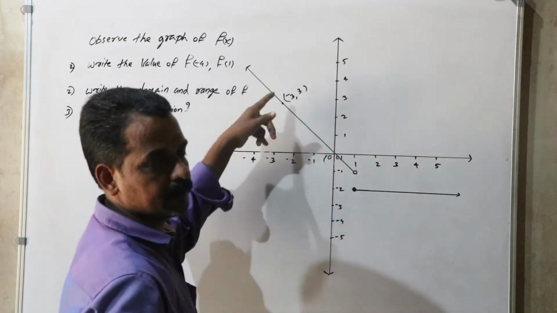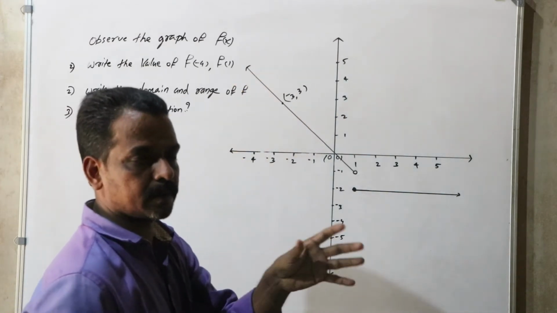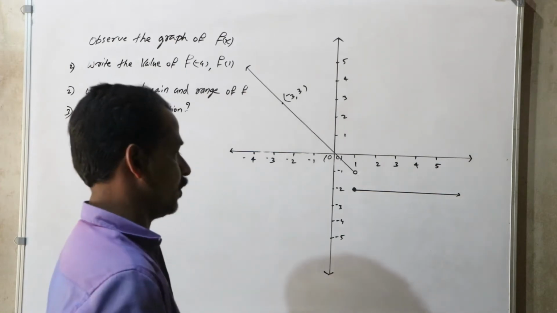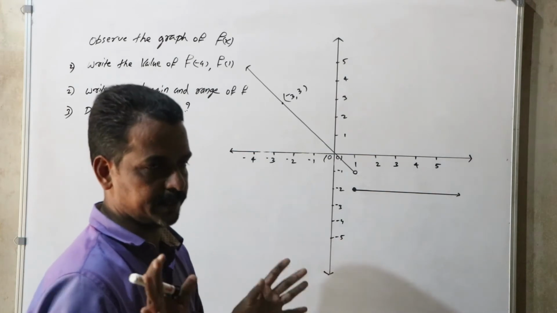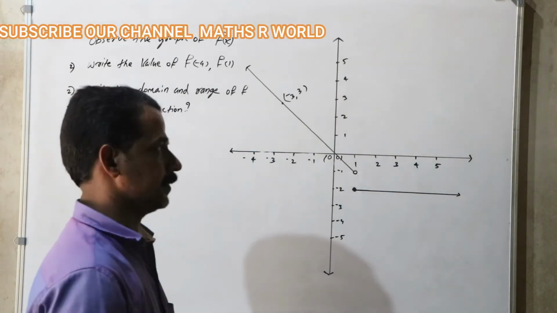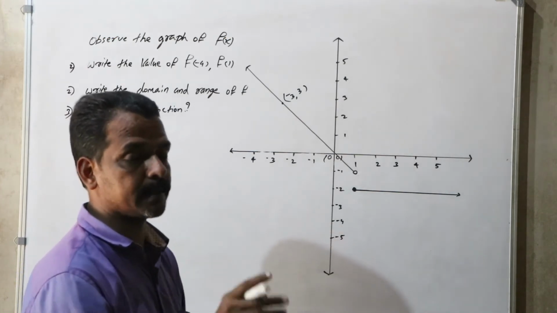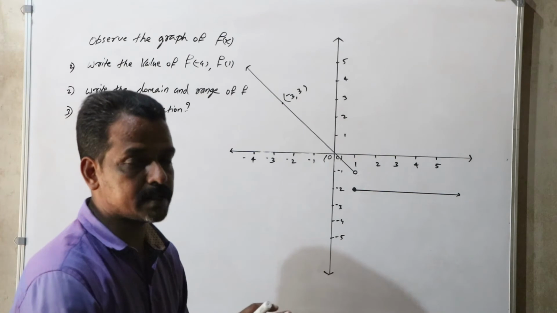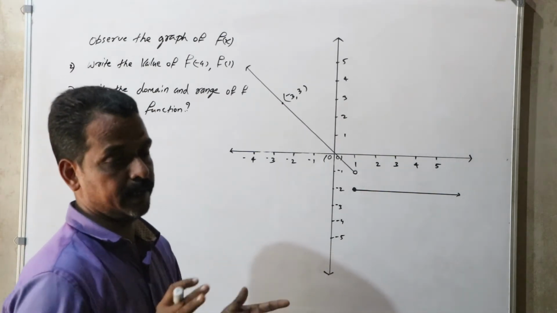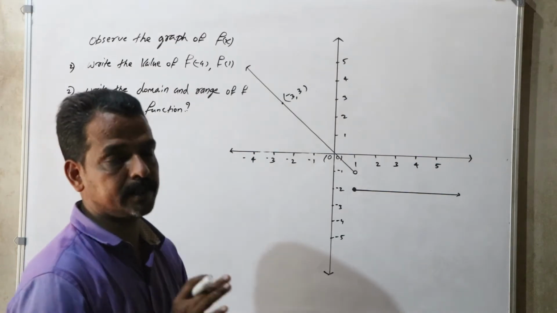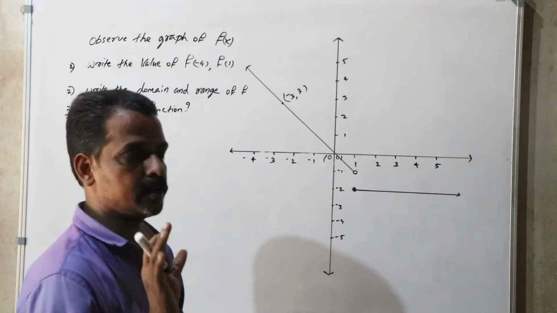Second quadrant: x negative, y positive. Third quadrant: both negative. Fourth quadrant: x positive, y negative. We must know that whenever a point's x and y are the same number, the sign is not considered.